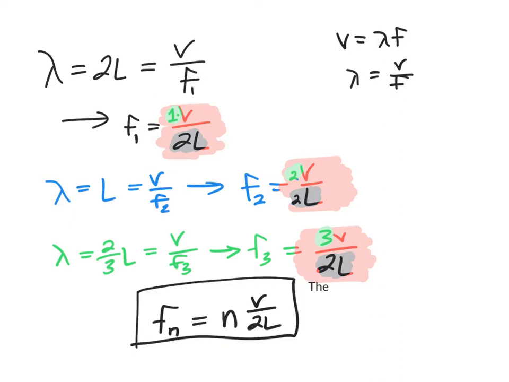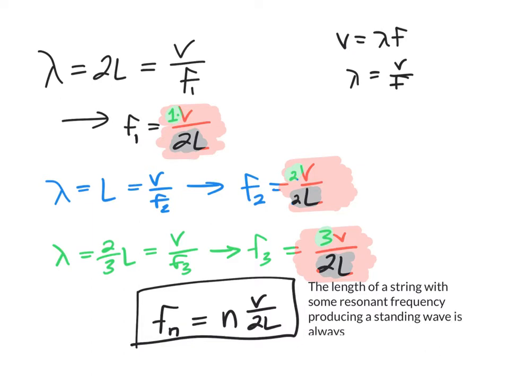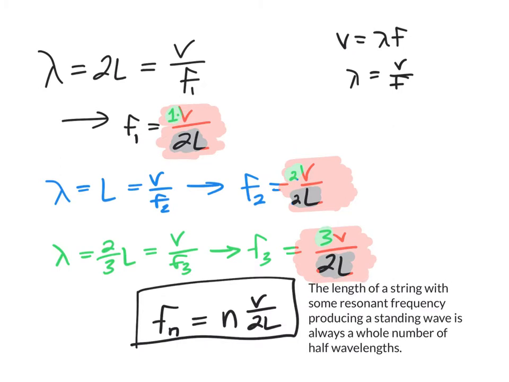We could say the length of a string with some resonant frequency producing a standing wave is always a whole number of half wavelengths.